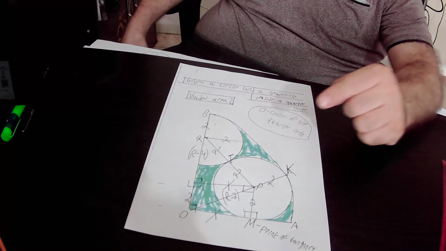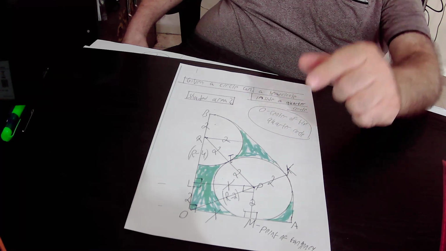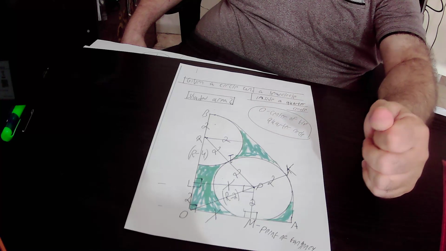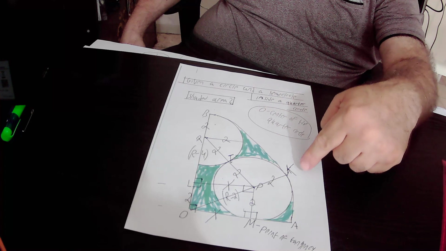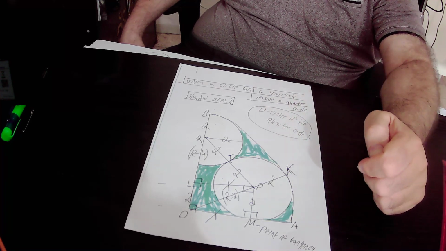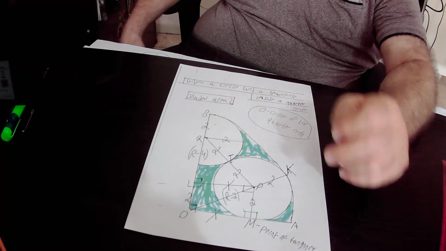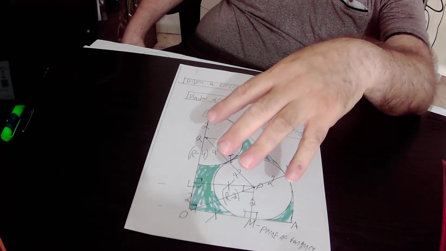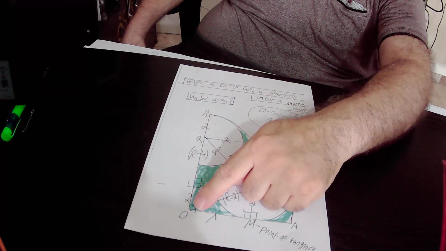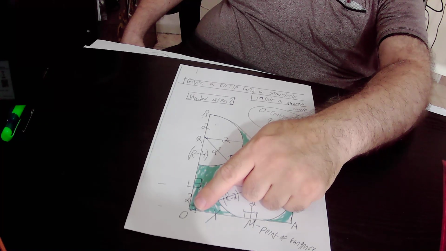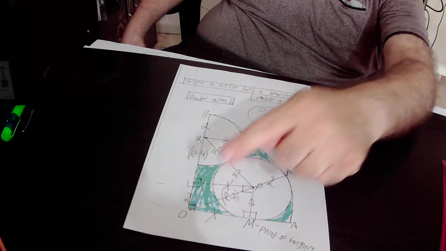Inside this quarter circle we have a circle and a semicircle that are tangent to each other at point T. We also know that the circle is tangent to this quarter circle at point K. And our mission is to find the value of the shaded area. First of all, because this is a quarter circle, this point must be the center of the quarter circle. So point O is the center of the quarter circle, and this angle equals 90 degrees.